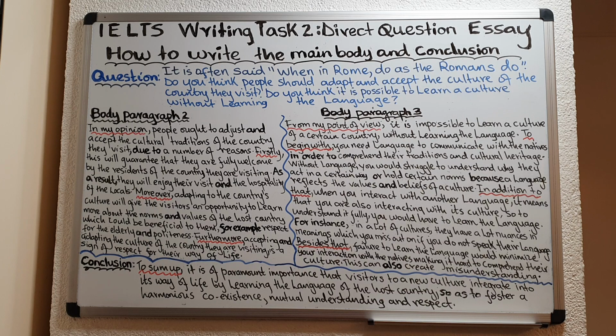And to elaborate your points, use other linking words like the linking words that I have put in bold. That is due to, and, as a result, for example. Okay? So that's how you write body paragraph 2. You answer the first part of the question.